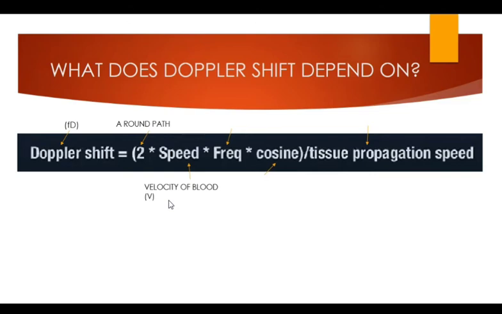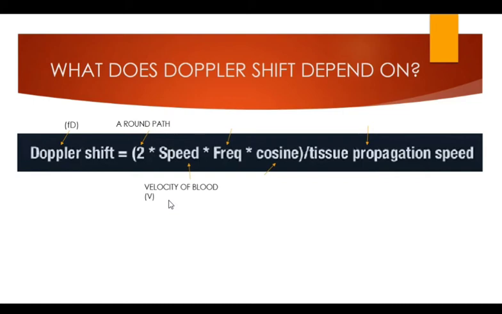Speed is the velocity of blood, and it's often V in our equation. When I think about speed, I try to make an image in my head, and I found that this really helped. I pictured a healthy vessel and how blood moves through it. And then I put stenosis in it. Because it's got stenosis in it now, it's got less room to move, so it's going to move faster through that vessel.